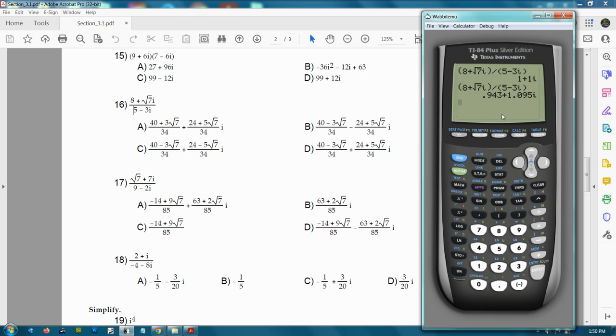In other words, first of all, you see it's a plus sign, so I'm thinking either A or B or C. You would have to take each one of these fractions, the 40 plus 3 radical 7 over 34, 40 minus 3 radical 7 over. What I'm saying is this. You'd have to take, for instance, number 16. Well, we know the answer is letter D, but why is it letter D?